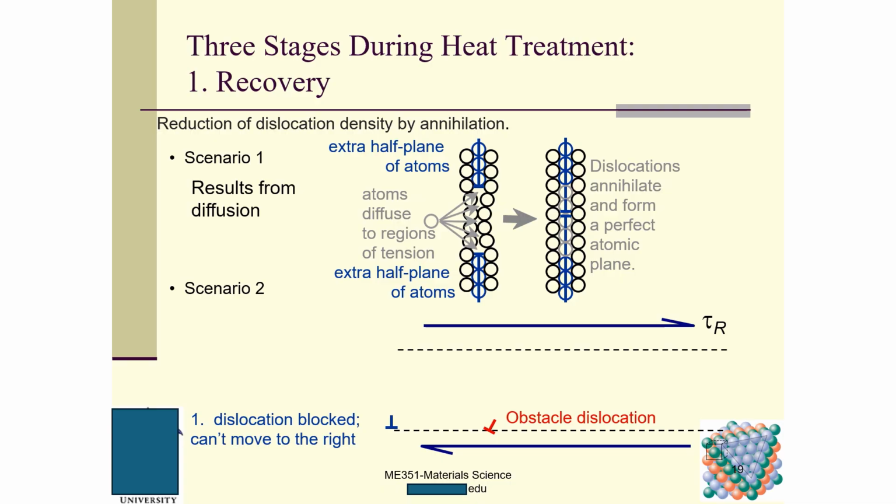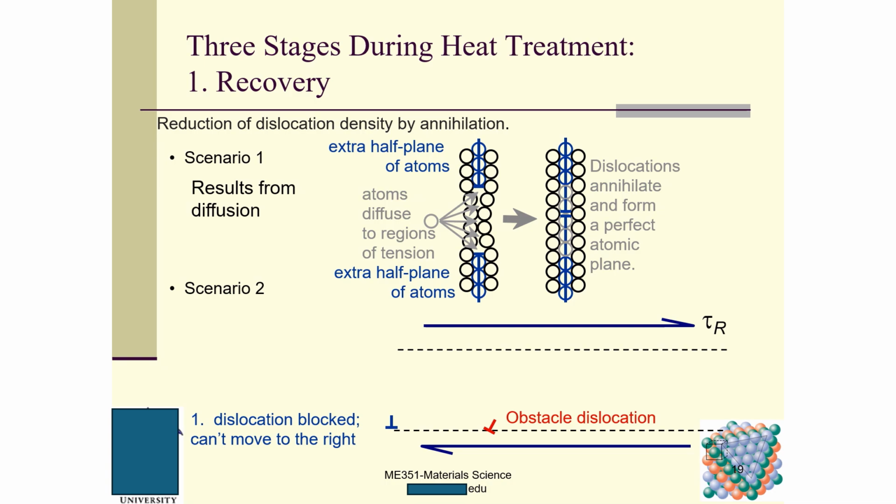If we increase the load and the temperature, the atoms move faster, and it is very possible at some time that this half plane and this half plane become one whole plane. One whole plane means dislocation annihilation, right? So this is for scenario 2. This is a shear stress.